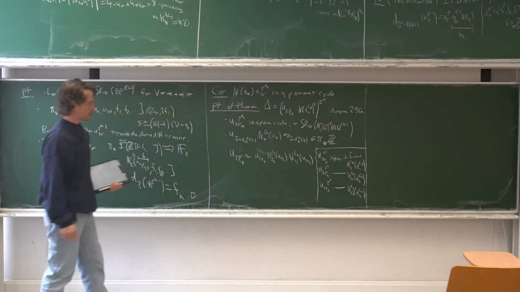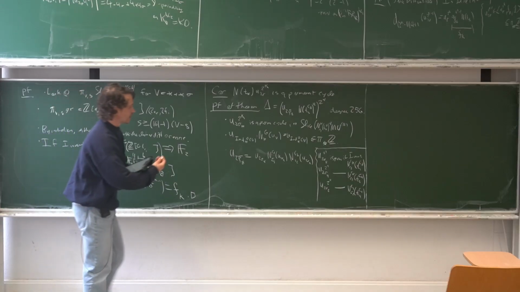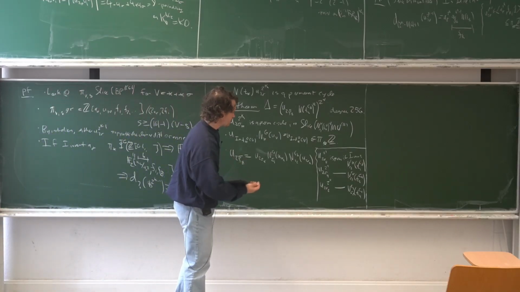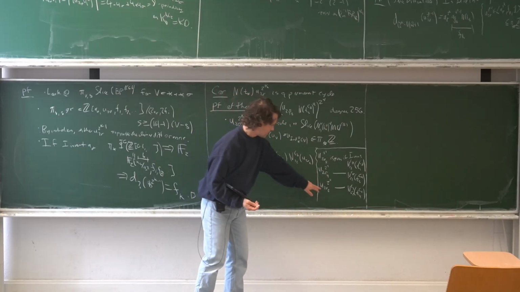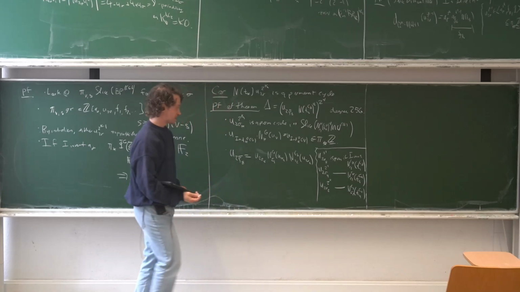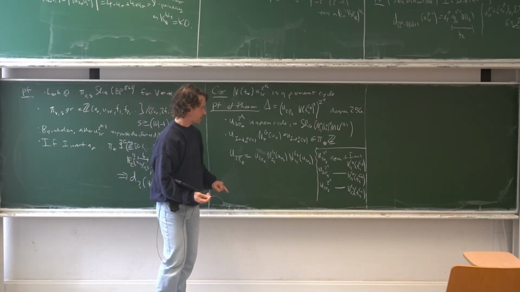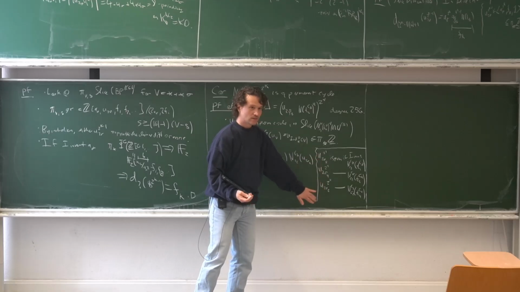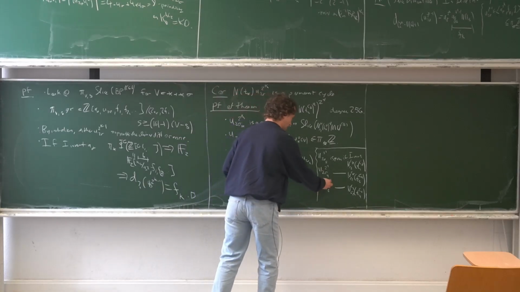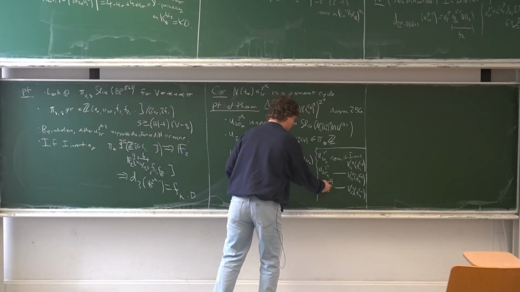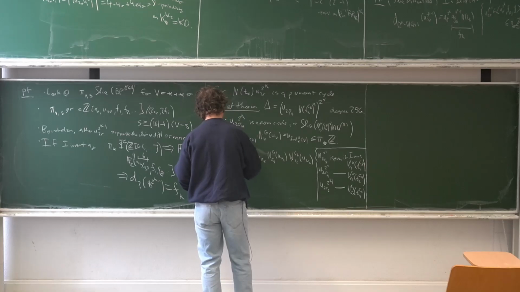So I have these height 4 classes I can norm up, and if I invert them, it will guarantee that these Tom classes are permanent cycles, and that therefore their norms will be permanent cycles. And then I can write this as a product of norms of these things. Okay, so how do I do that then? I have to take the common power that's available to me in each of these, which is this 2 to the 4th.